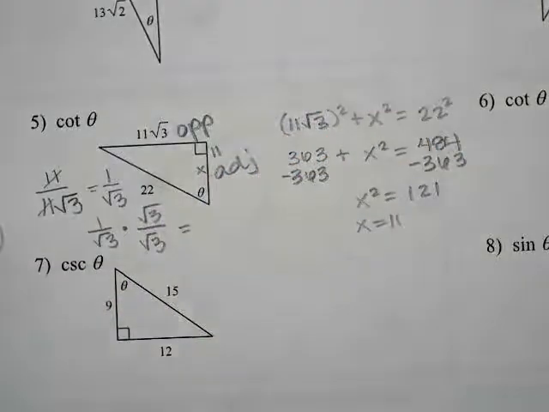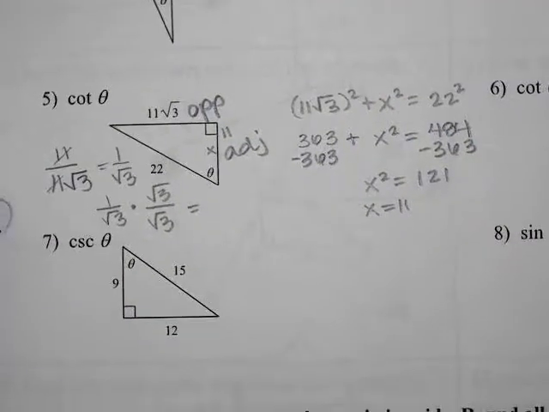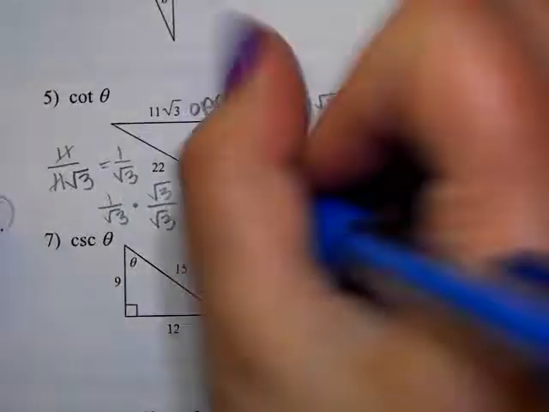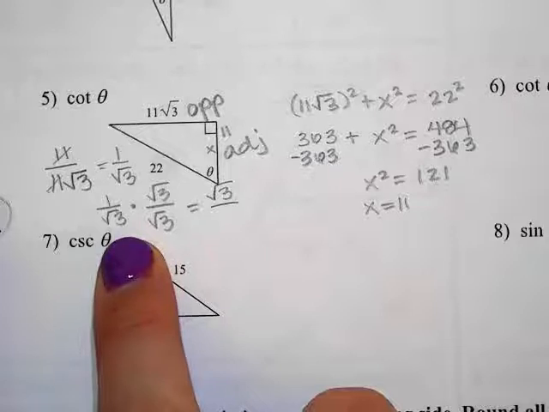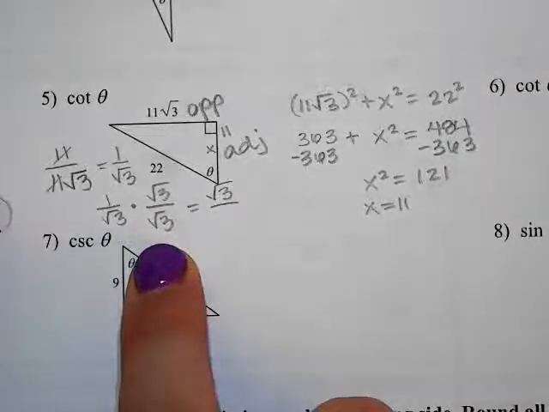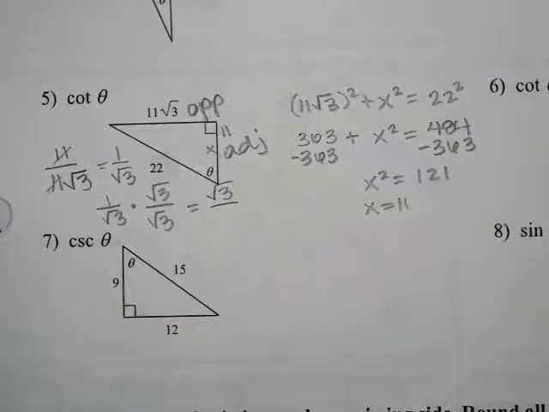Yeah, root 3, or 1 times root 3, which is just root 3. And then on the bottom, we've got root of 3 squared. And what's the root of 3 squared? 3. So this right here is the square root of 3 squared, which is just 3.